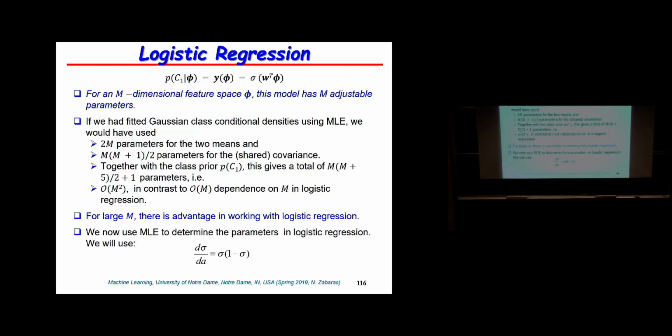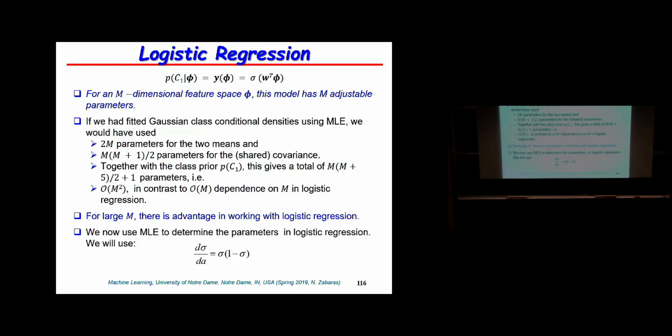Now keep in mind, having a generative model has lots of other good things. You can talk about outliers, you can generate more data similar to the ones you started with. You don't have any of these things here. But if your objective is to actually only do classification, this model is way simpler, because it only has m parameters versus m squared that you get in a generative model.